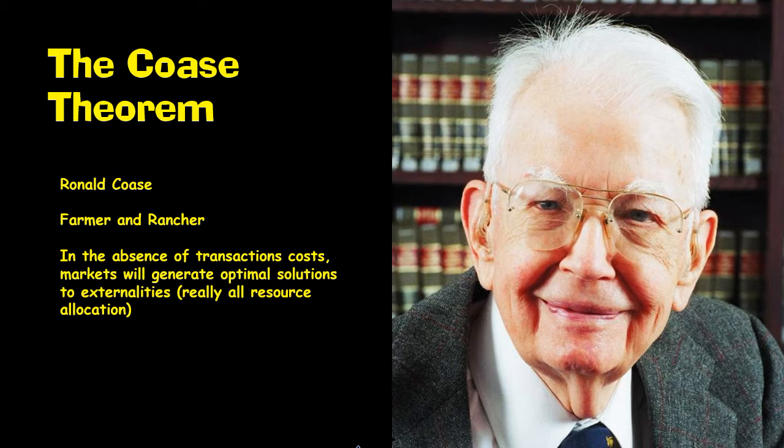Coase, who, again, years later after Pigou, says, as long as there aren't transaction costs, as long as it's not expensive to make a contract, the two sides can make a contract themselves that's optimal, right? That the government, if they come in, won't be able to make an optimal solution. They'll make a solution, but it might not be optimal.